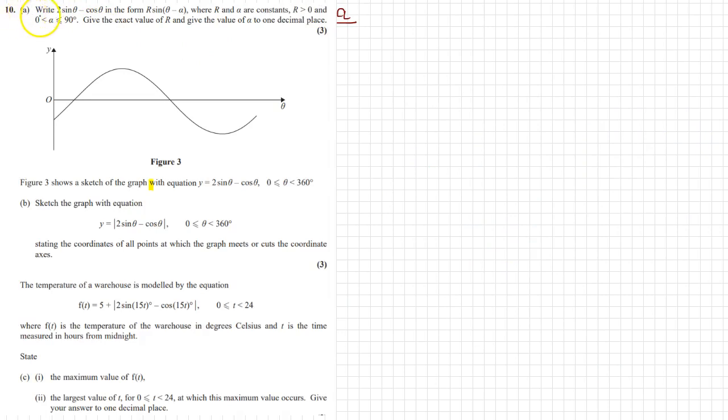Question number 10, part A. Write 2 sin theta minus cos theta in the form r sin of theta minus alpha.